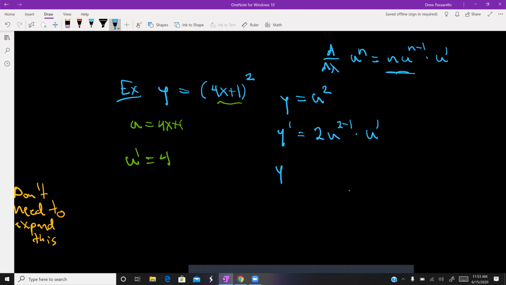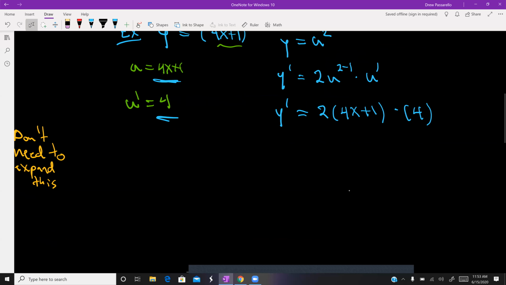So y prime is equal to, and then I have u is 4x plus 1, so this would be 2 times (4x plus 1), and then times the derivative of u, which is 4. And then I just do 4 times 2 to get 8, and then times (4x plus 1).